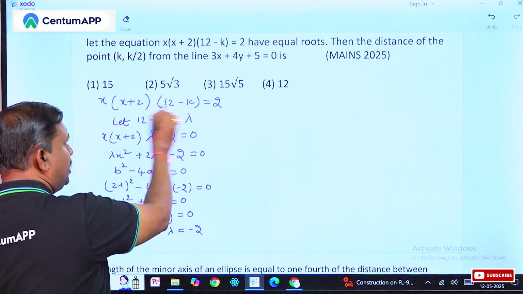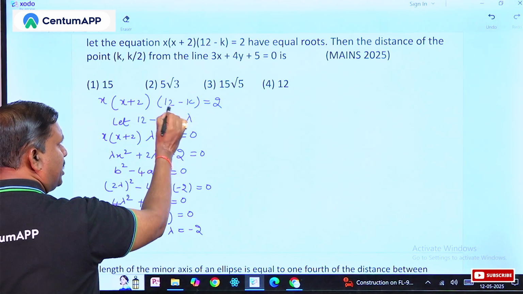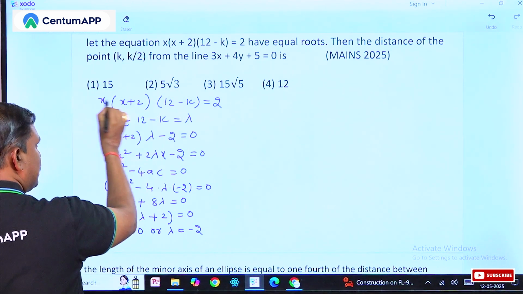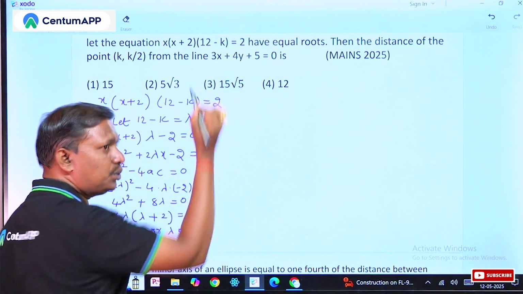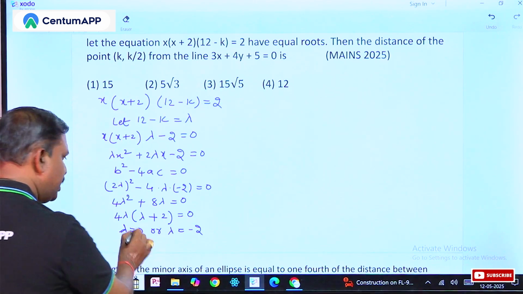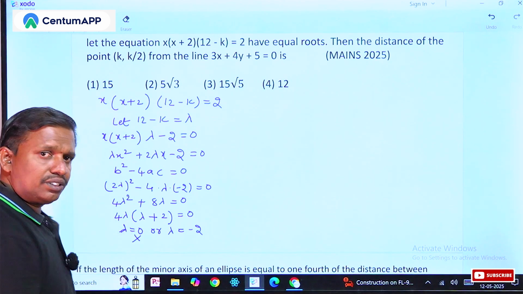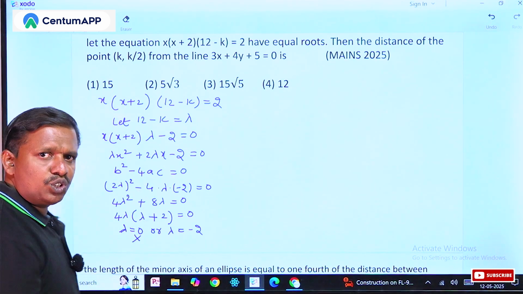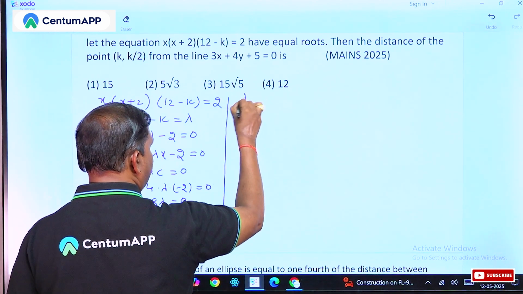Substitute in the given equation x(x + 2), where 12 minus k value only we assumed as lambda. Lambda value 0 means this LHS value becomes 0, means 0 equal to 2 will come. That's why lambda equal to 0 is not satisfying, so ignore lambda equal to 0. We take lambda equal to minus 2 only.